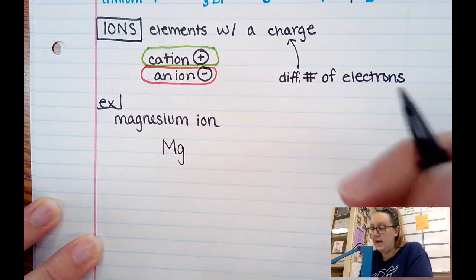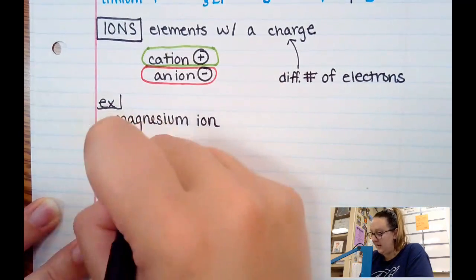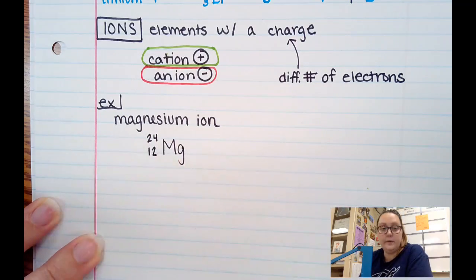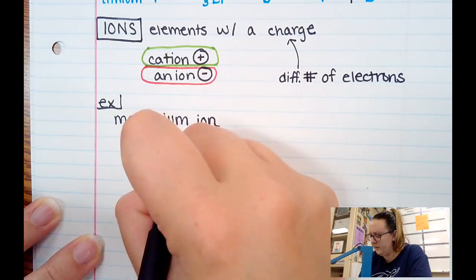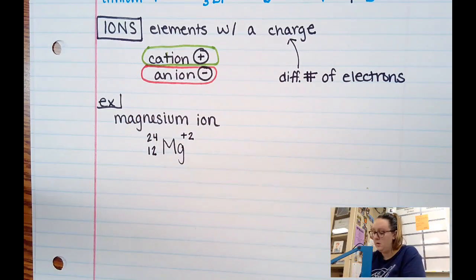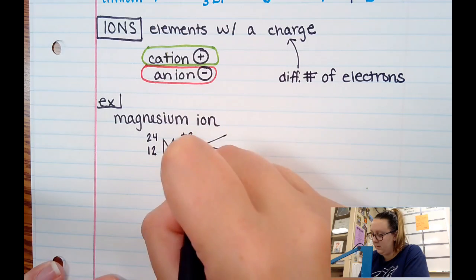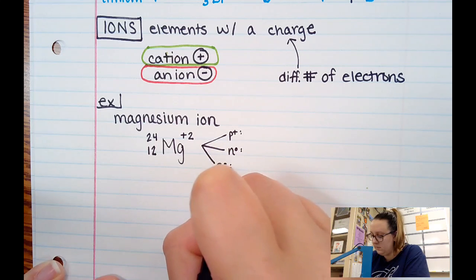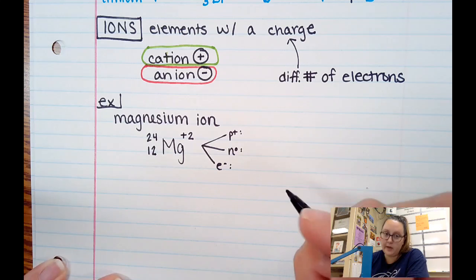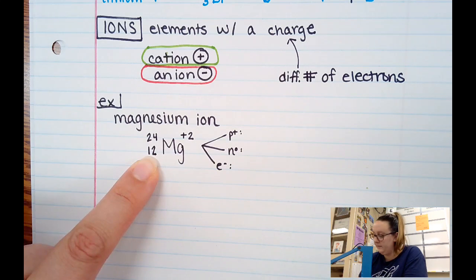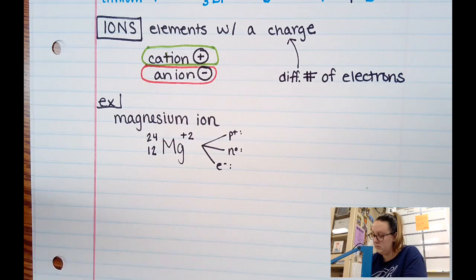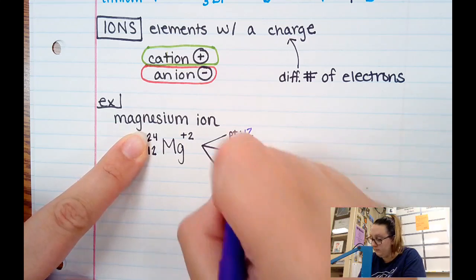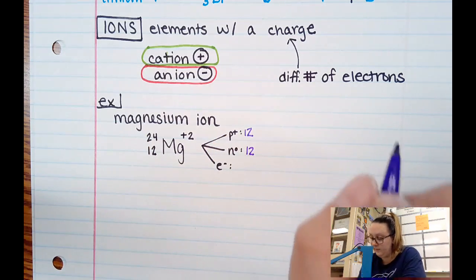Magnesium has a mass of 24 and an atomic number of 12, and it has a charge of positive 2. So looking at this, we're going to try to figure out protons, neutrons, and electrons. All right, number of protons, same as the atomic number, so 12. Number of neutrons, what plus 12 is 24? 12 plus 12 is 24.